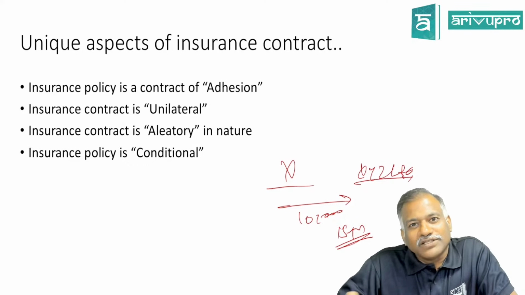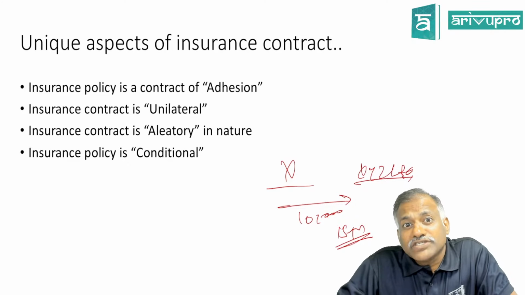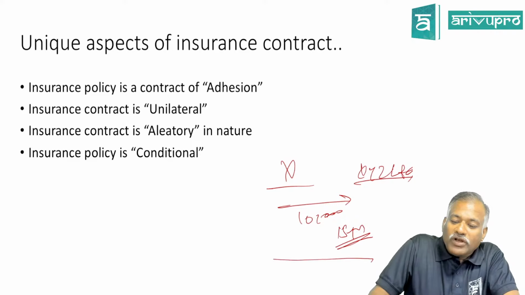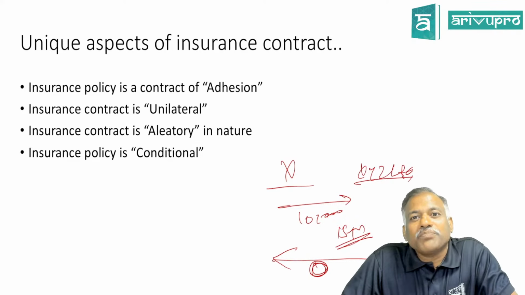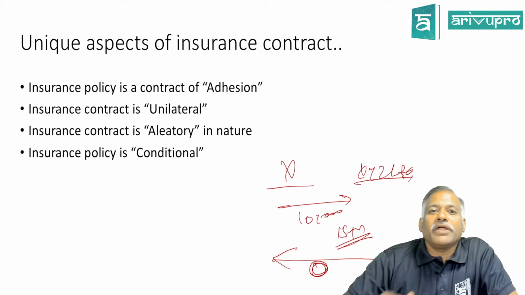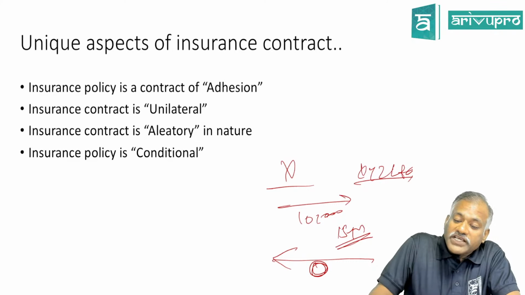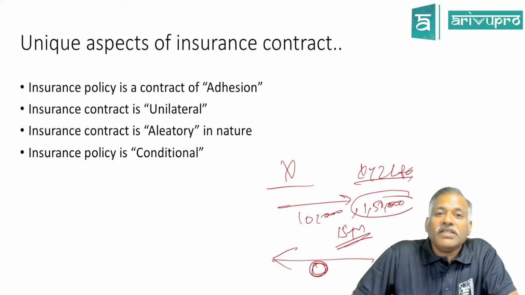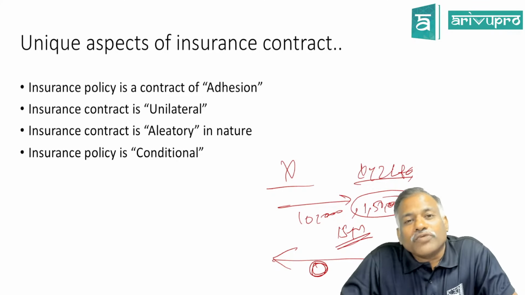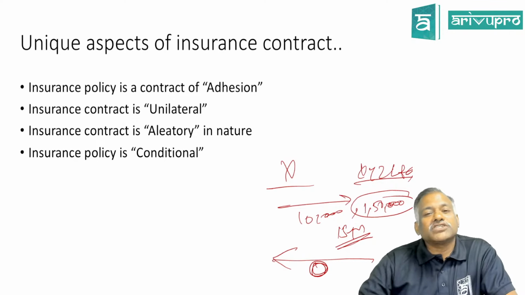Now what will the insurance company pay? The insurance company will pay zero, nothing. Because it's a policy where payment is made in case of an eventuality, and because you survived the entire term, I will not pay anything. Now in 15 years, how much did X pay? He ended up paying 1,50,000 rupees cumulatively as premium. And he got zero from the insurance company. That is also asymmetric. So when you pay 10,000 rupees or 20,000 rupees, there is a claim and the insurance company is paying 50,000.